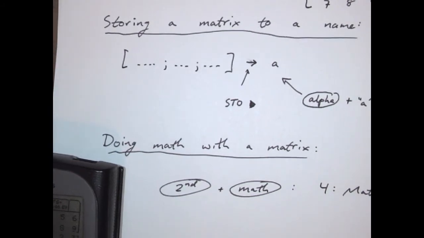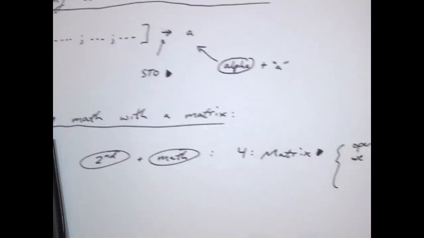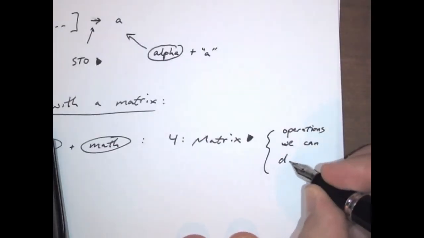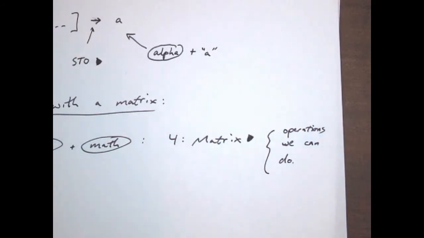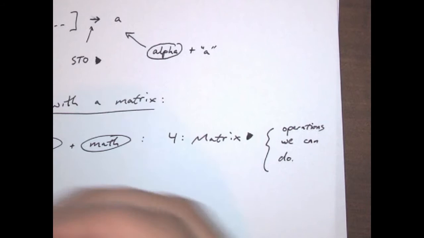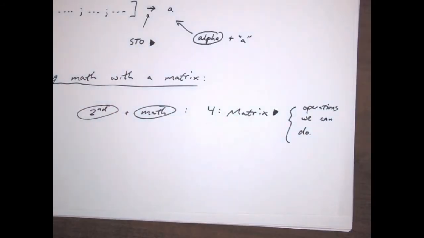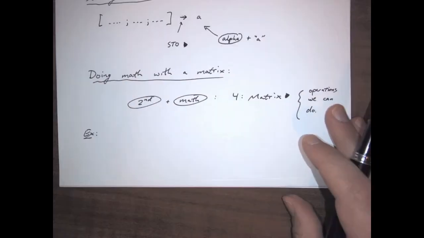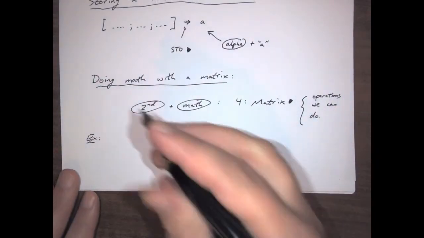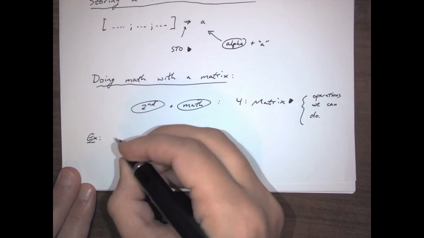But then we have various operations that we can do. So for example, let's say I wanted to row reduce something, and it was a little bit less friendly than some of the things we wanted to do before.